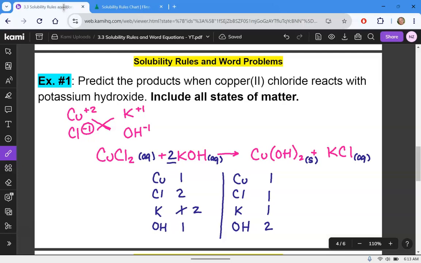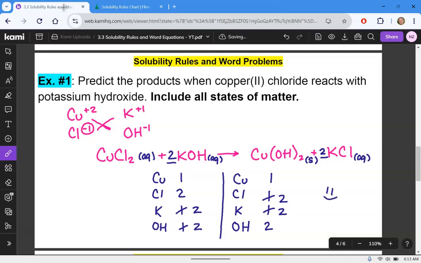The 2 also goes to hydroxide, so that'll make that a 2. Now I need to balance my chlorine and my potassium, so let's put a 2 here. That 2 multiplies our potassium by 2, and it also multiplies our chlorine by 2. And look at that, we're balanced.